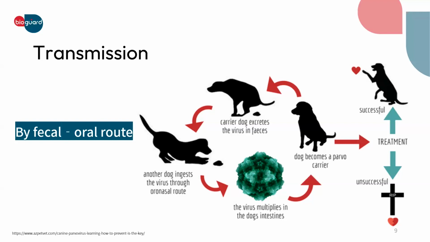However, once diagnosis is done correctly and treatment is started at the right time, there is a very good chance that the dog will survive without any issues. However, it can be fatal as well.